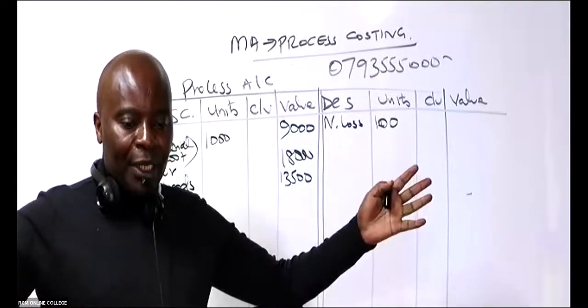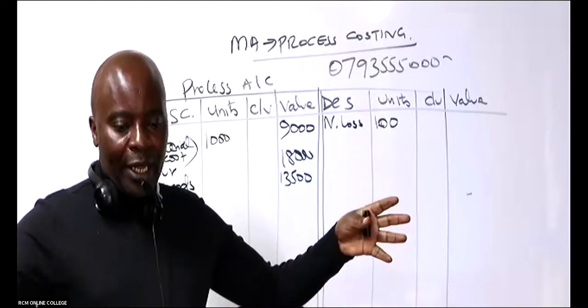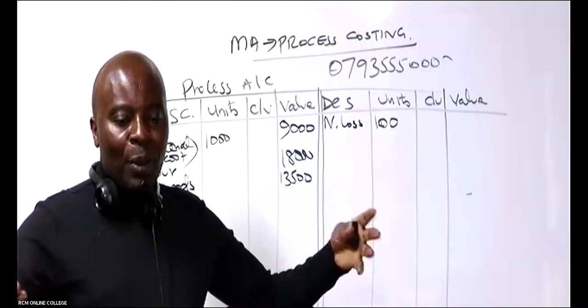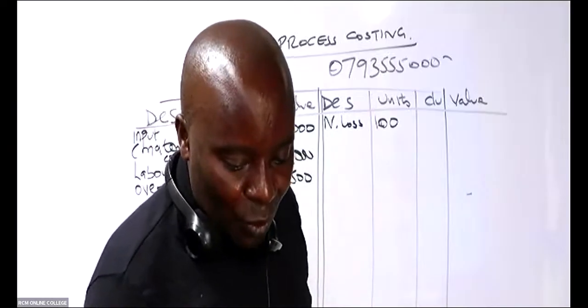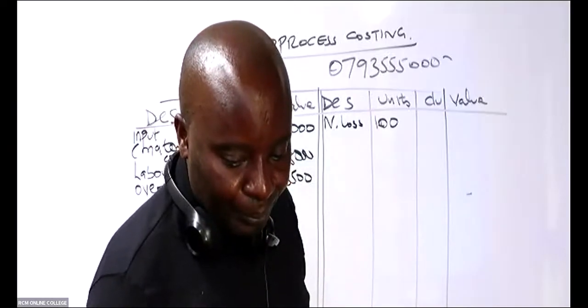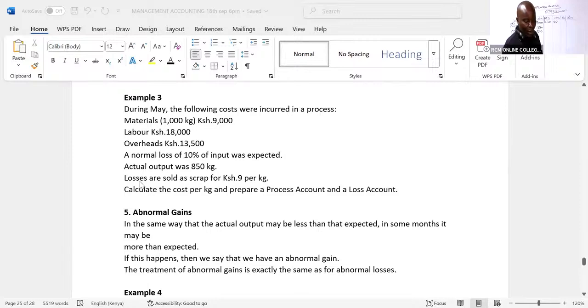We scrap them, sell them at a throwaway price. If it is given there, we shall always sell them. We multiply them by the scrap value. So has the scrap value been given in this question? Yes, you can see in this case here, losses are sold at a scrap value of 9.